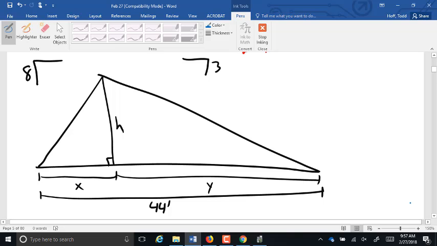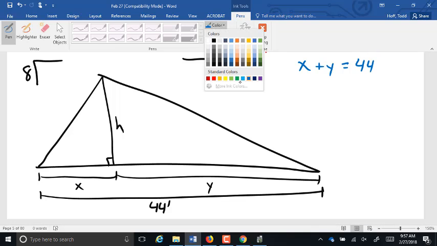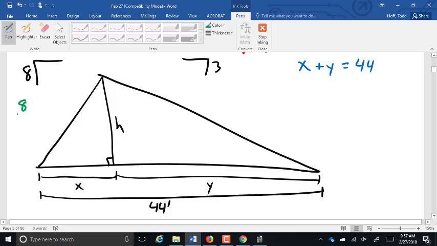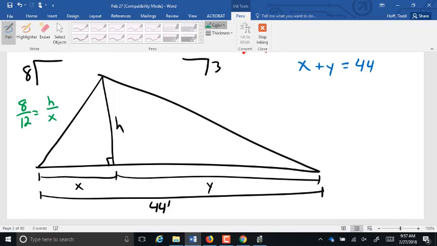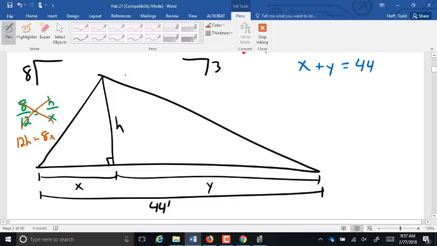So for this one, we have, of course, x plus y equals 44. We know that 8 over 12 equals h over x, so that 12h equals 8x. Perfect.